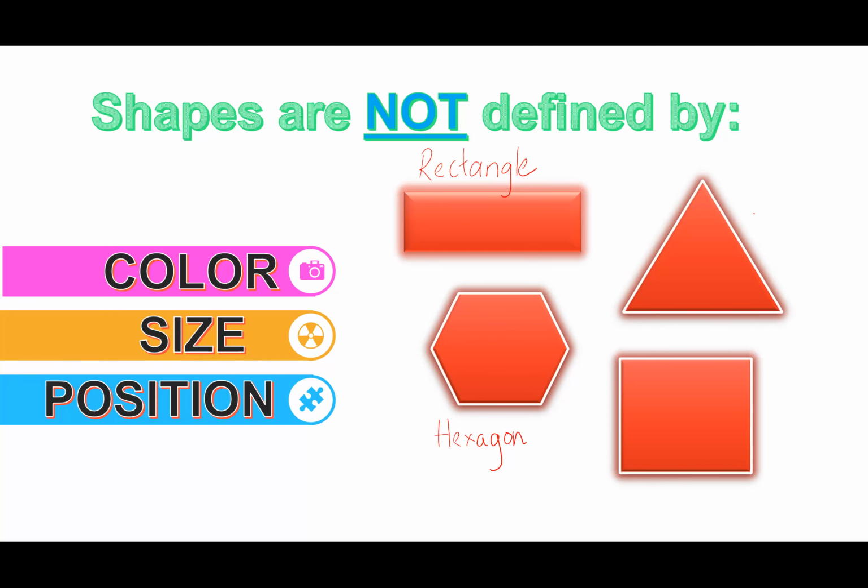This one, triangle. Good job. And this one, square. I cannot say they are all the same just because they are all red in color. Even the sizes, one might be big, another might be small, and the positions are different. So the shapes are not defined by their color, size, and position.